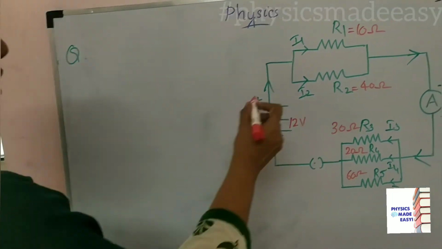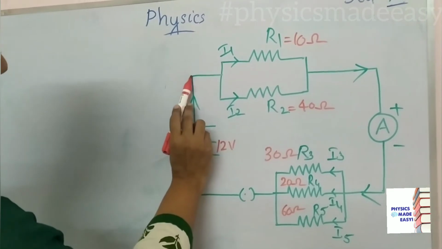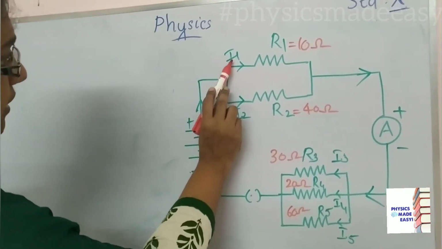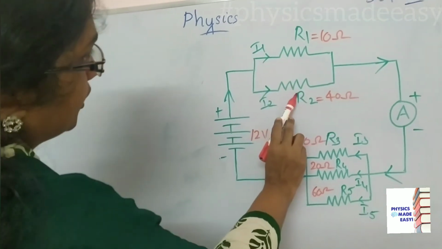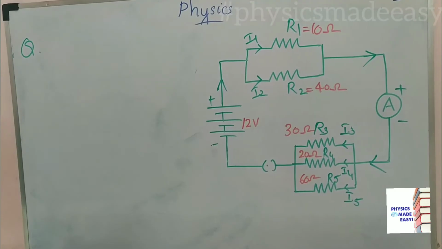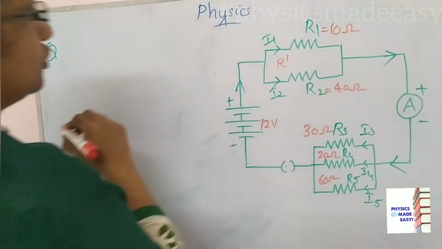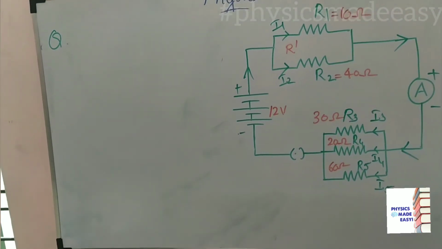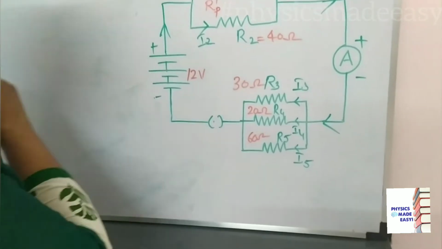But here R1 and R2, here I is the current passing through this. Here you can see that is getting divided. Here R1 and R2 both are connected in parallel and we can take that effective resistance as R dash. So first we can find that effective resistance. R dash, that is parallel also.